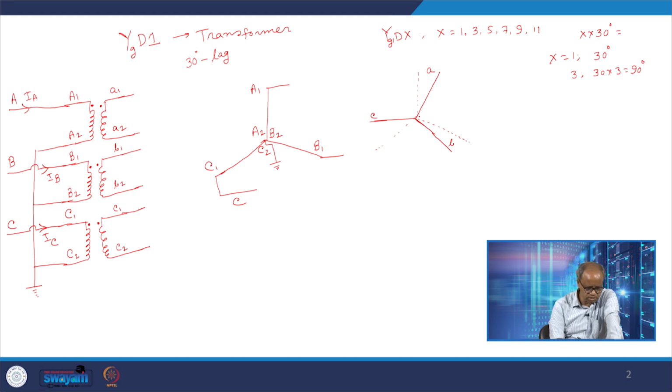So we get between phase A to B, then between phase B to C, and then between phase C to A. Right, I will make the drawing a little more neat.